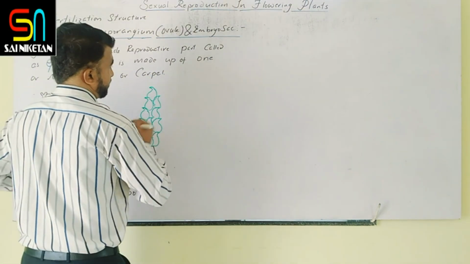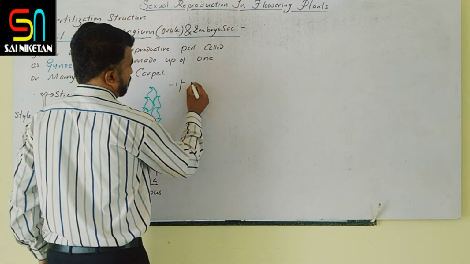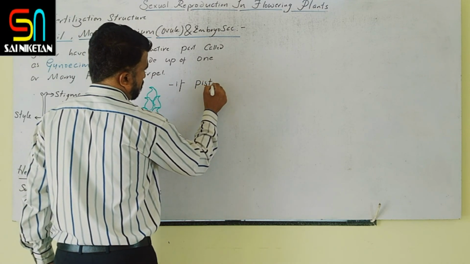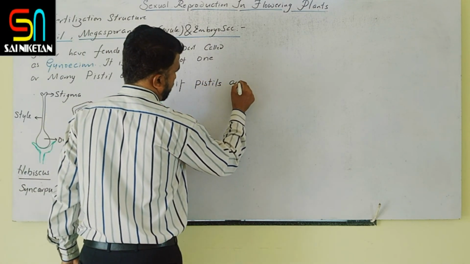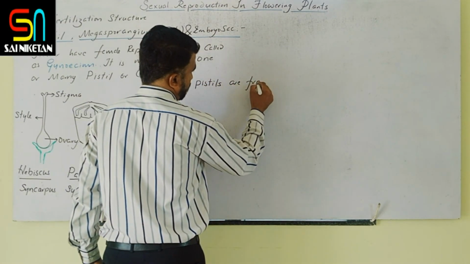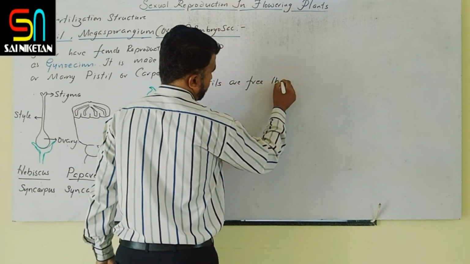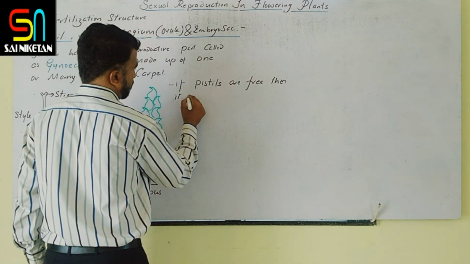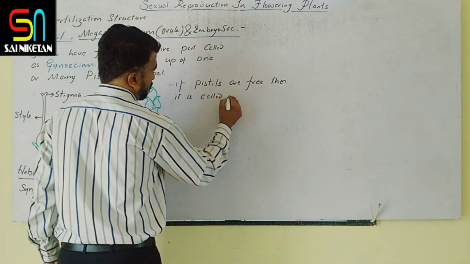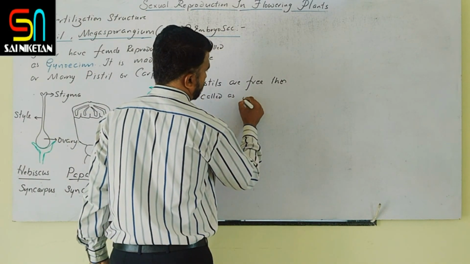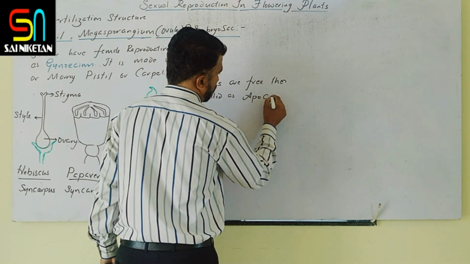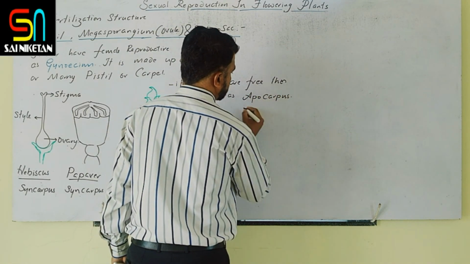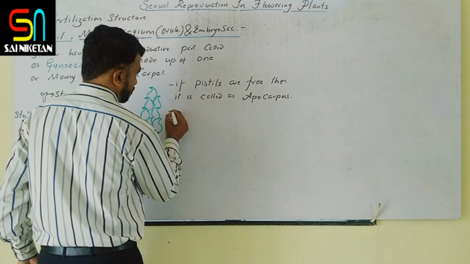So if pistils are free, then it is called as apocarpous. Clear?